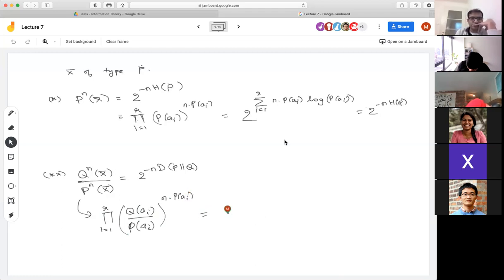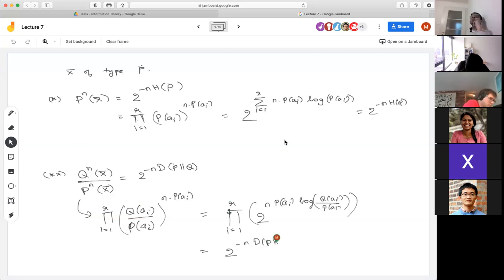And again, as before, you just change the product to a summation in the exponent, and you get the result. Okay. Any questions so far?